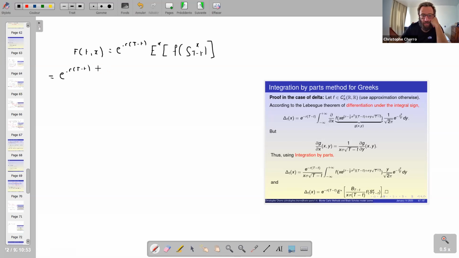So an integral between minus infinity and plus infinity of f of x exponential of (r minus sigma square over 2)(capital T minus t) plus sigma square root of (capital T minus t) y, multiplied by the density of N(0,1).